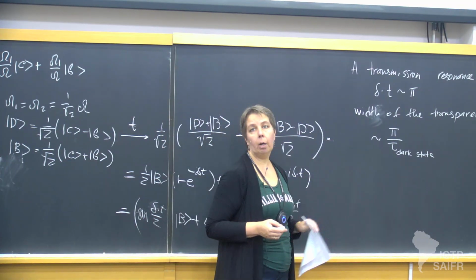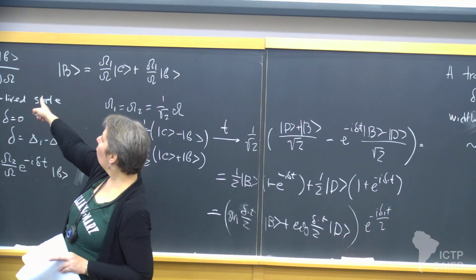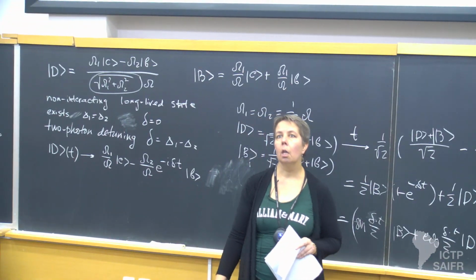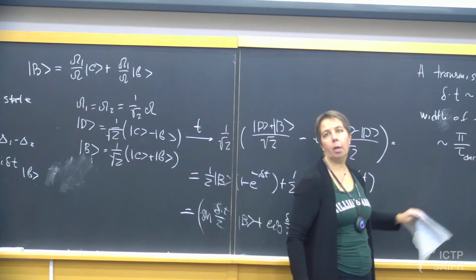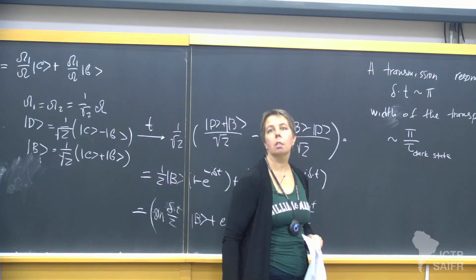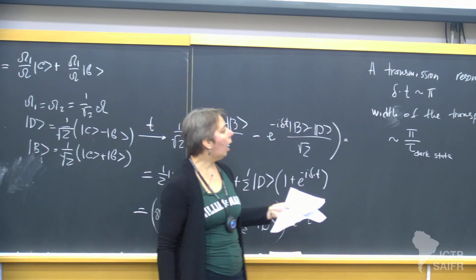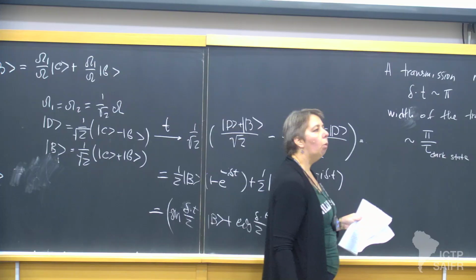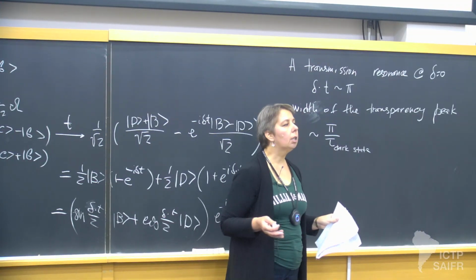The good thing about that is that, remember, the dark state is combined only from the spin states. So these are long-lived states. So in principle, this lifetime can be quite long. And that means that the width of the resonance can be quite narrow, which is good. There are some experiments where people have achieved seconds of ground state coherence lifetime.